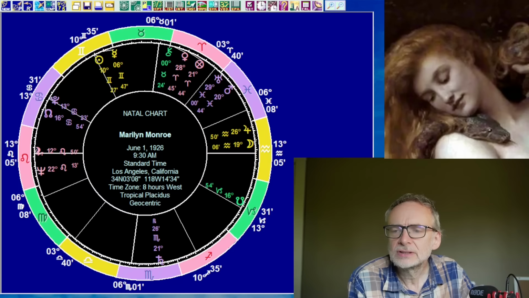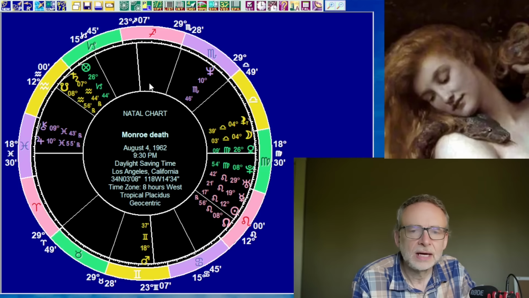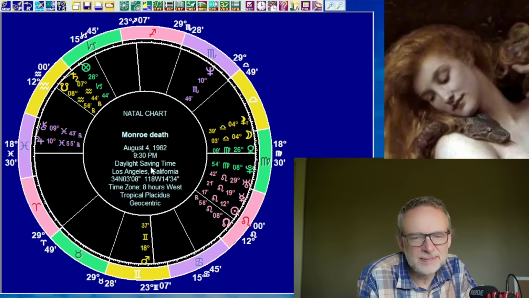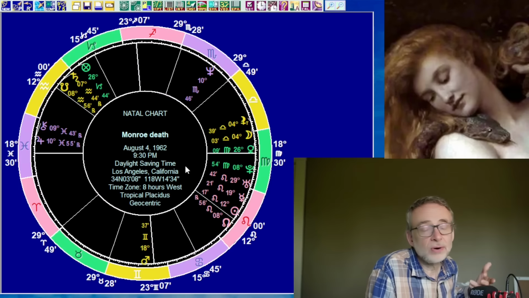And so here, finally, is the rough horoscope of when she died. I make it August the 4th, 9:30 p.m. There's some controversy about when exactly she died. And what do we see?